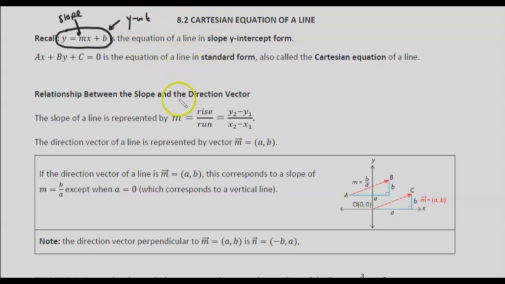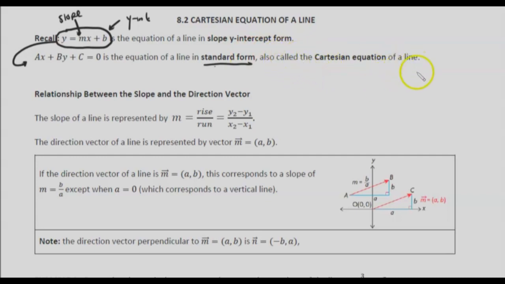Now, as a recall, ax plus by plus c equals 0 is the equation of the same line. The only thing is it's rearranged to be in standard form. Up until now, we've always called this standard form. We're now going to call this the Cartesian equation of a line.